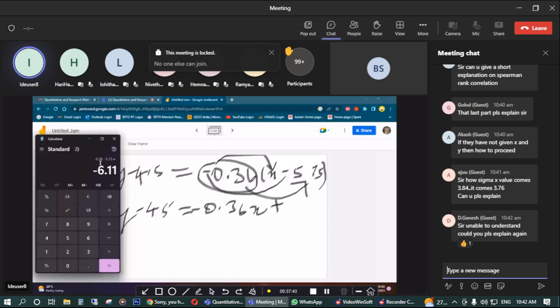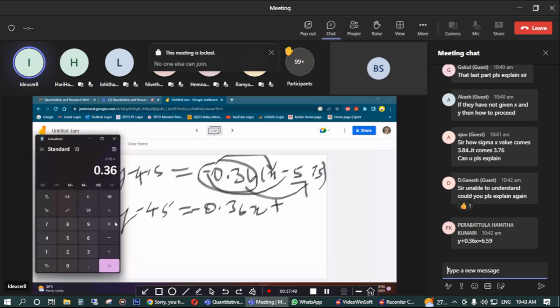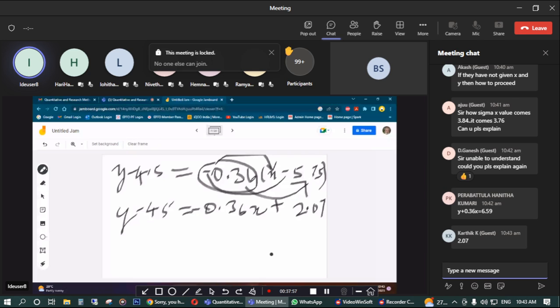Some mistake. 0.36 into 5.75 is 2.07. This is correct. 2.07. Okay, so that is the value. So 2.07, all right.